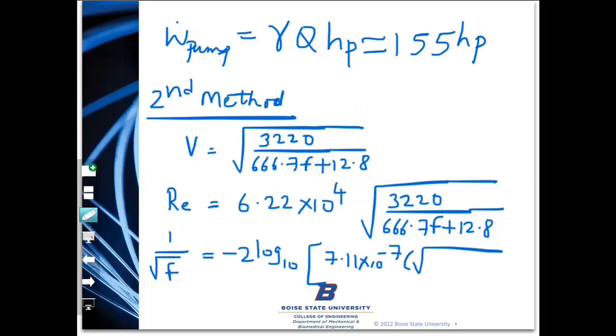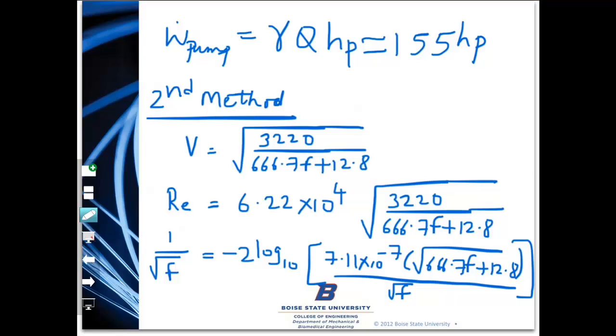All that I'm showing here is a simplification, but you can easily get at this. So you'll end up with something like this. You see that again, this is not that easy to solve. However, it is only in terms of f.